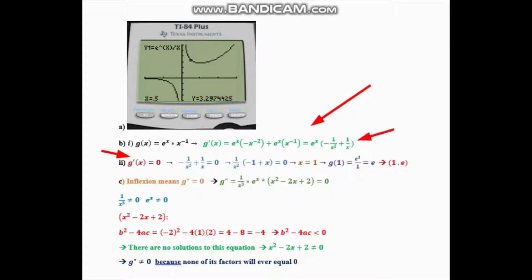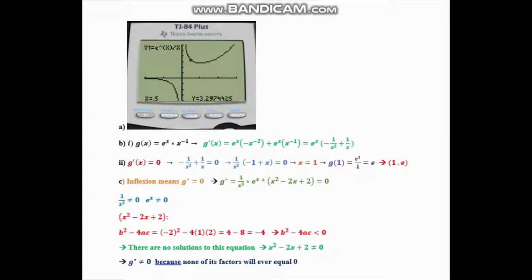This format is much easier than this format when you're trying to solve this algebraically, because we know that e to the power of x shall never be 0. So this entire expression shall be 0 only when the second component, which is this bracket, is equal to 0. So I just need to solve this bracket, the second component, as equaling 0. So this is what I've written right there. I don't need to worry about the e to the power of x because this shall never be 0.